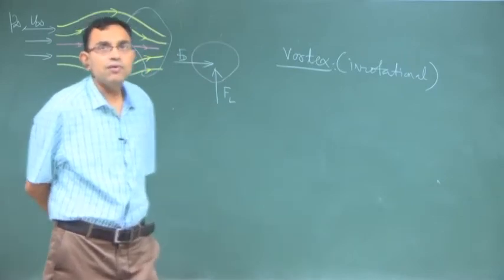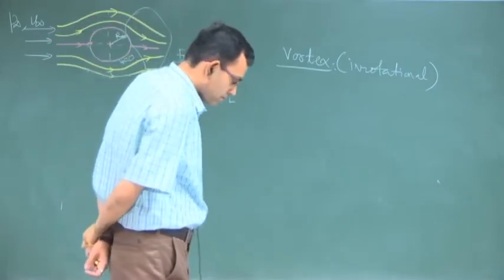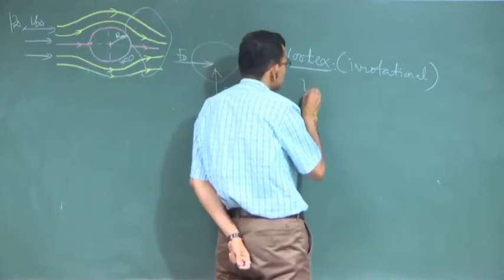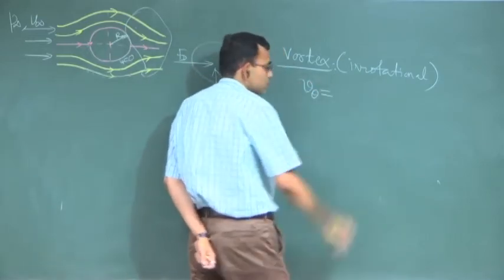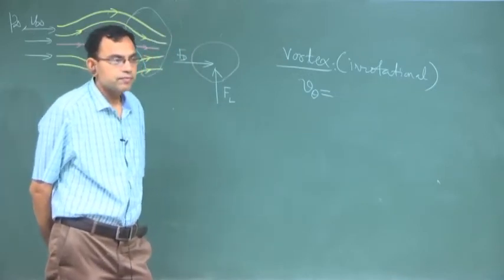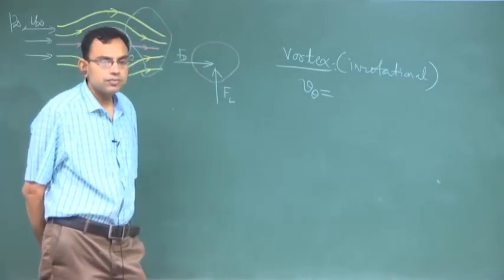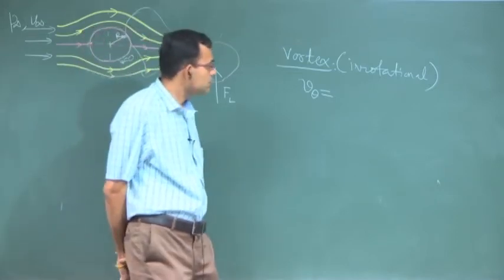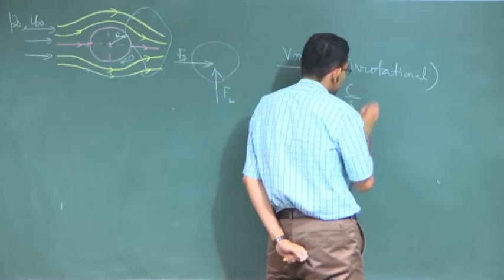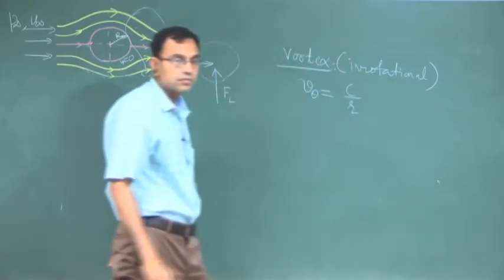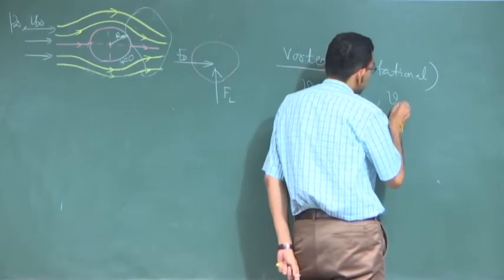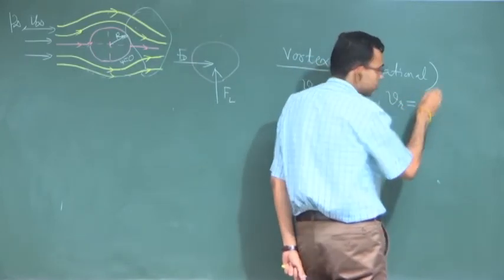How is a free vortex defined? A free vortex is defined as V theta equal to C by R and VR equal to 0.